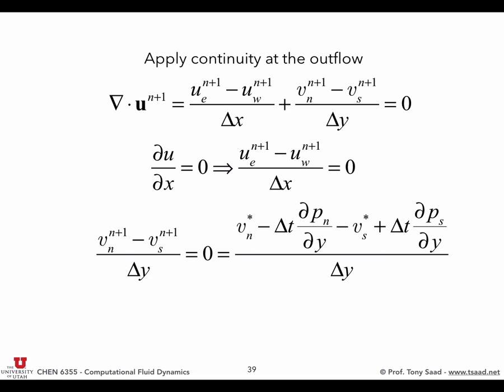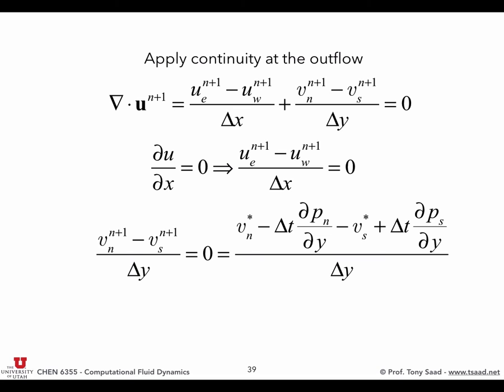So for the continuity equation, this is what we have, okay? u east minus u west over delta x plus v north minus v south over delta y. Now u east minus u west is equal to 0 because that's implied by this condition. So that leaves the continuity equation with this term, v north minus v south over delta y equal to 0.